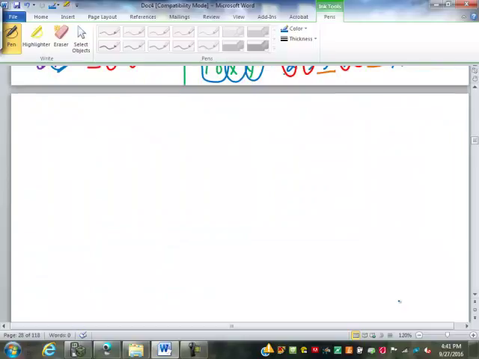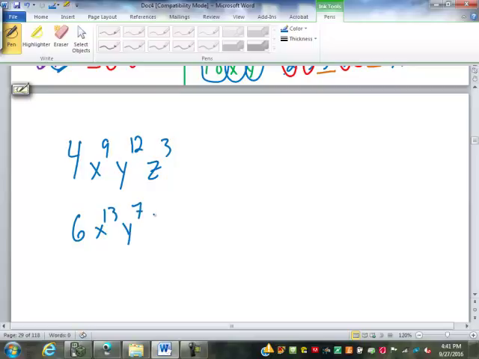So if I have 4x to the ninth, y to the 12th, z to the third, and 6x to the 13th, y to the 7th, z to the 5th. Without factoring here.